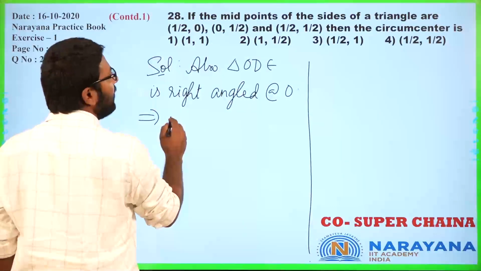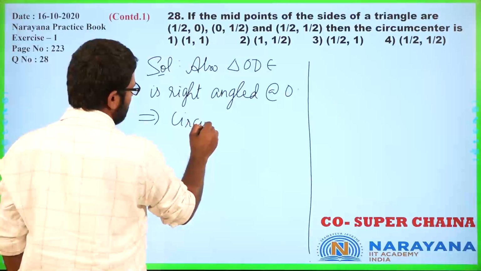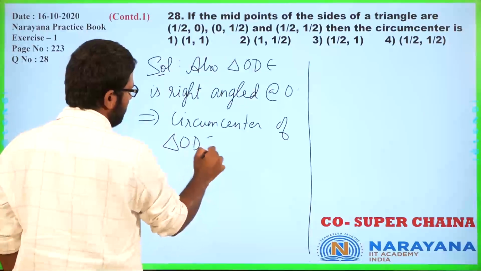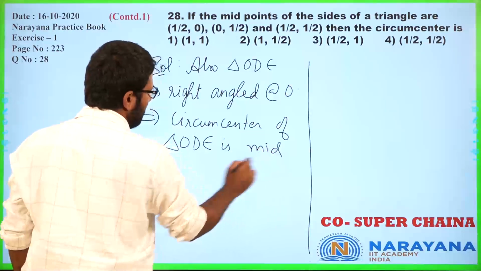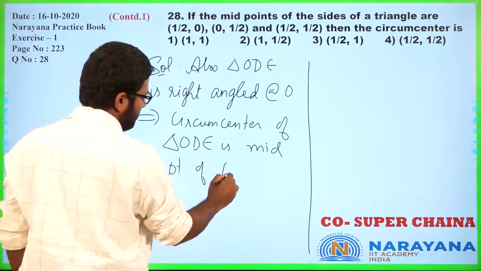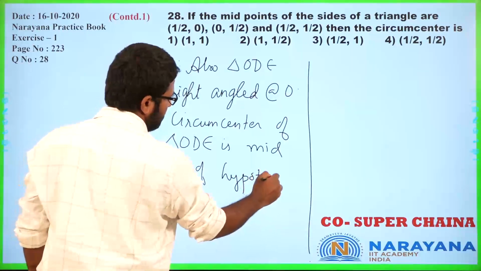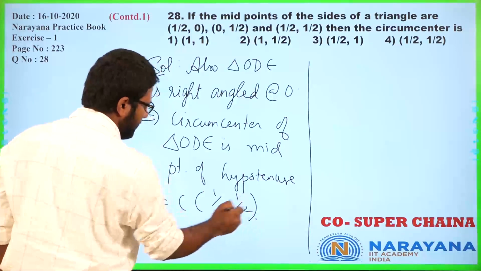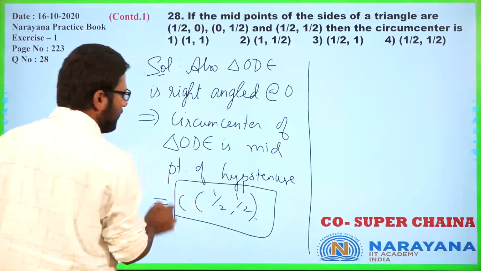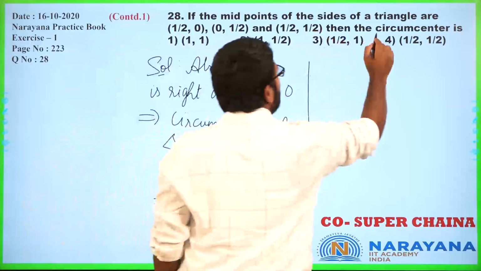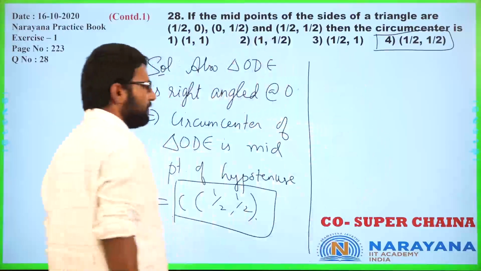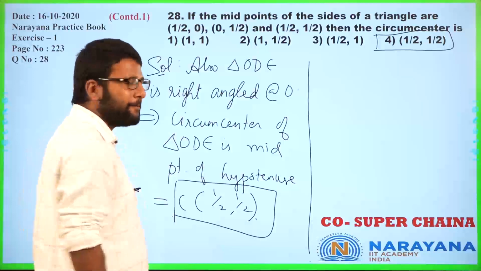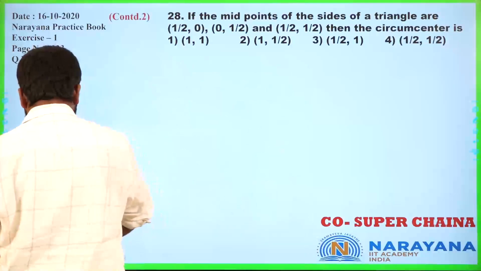Which means circumcenter of triangle ODE is midpoint of hypotenuse, which is given to be C half comma half. So circumcenter is half comma half. If you have understood the situation perfectly, you will directly be able to mark it without writing any of those things. Okay, all right, let us proceed.